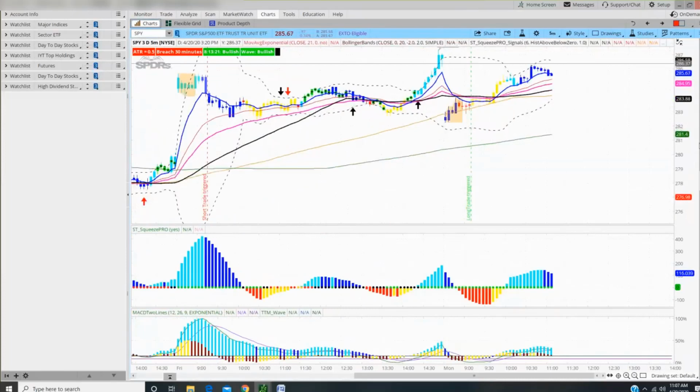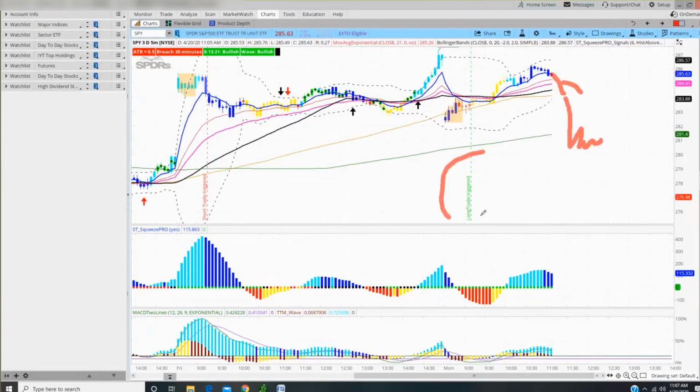That's what we do, guys, and that's going to make your life so much easier, okay? Whatever direction it breaches or breaks above, you stick to that direction, at least for the morning session. The afternoon, after lunchtime, it either is going to continue the existing trend or it's going to break down. If it breaks down, I'll see the 8 cross the pink, and then I will just wait for squeezes to develop on the downside.